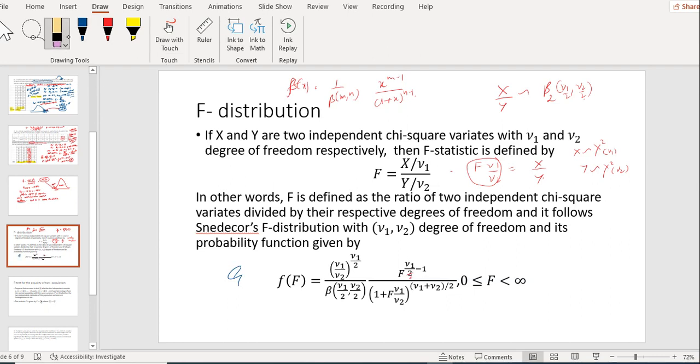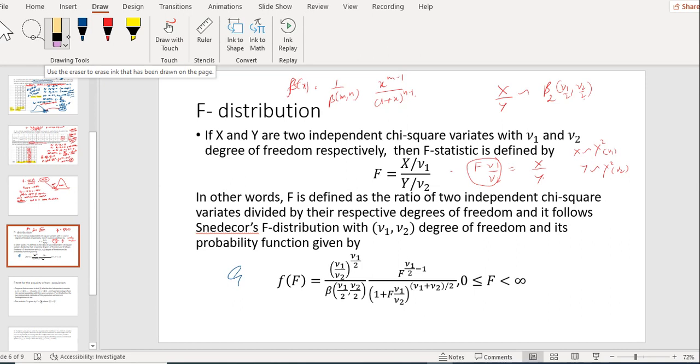So this is the probability density function of the F distribution. We can say that this ratio will follow the F distribution with nu1 and nu2 degrees of freedom.